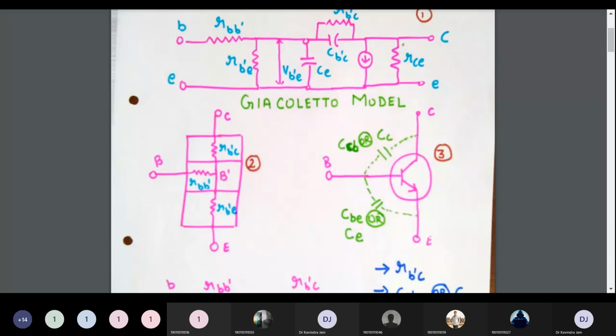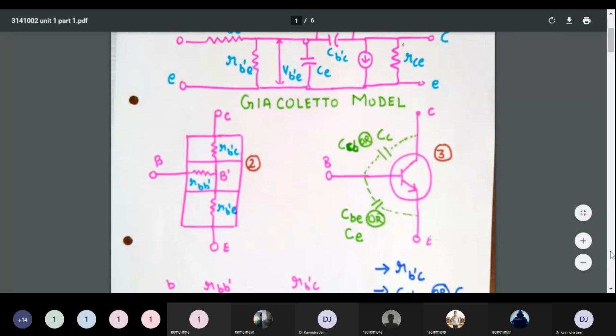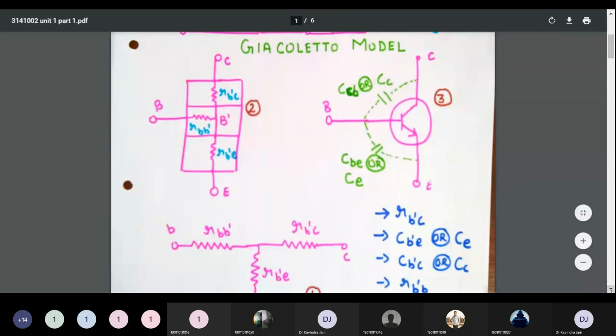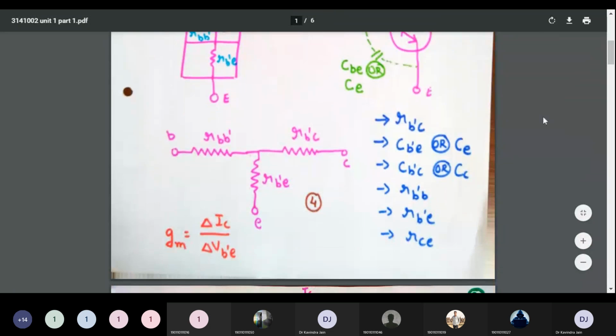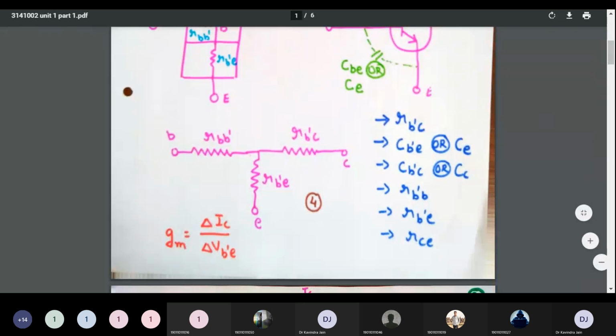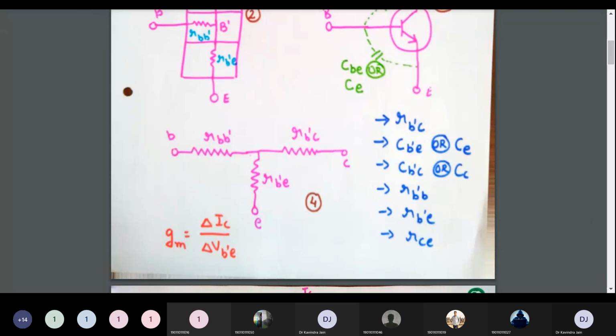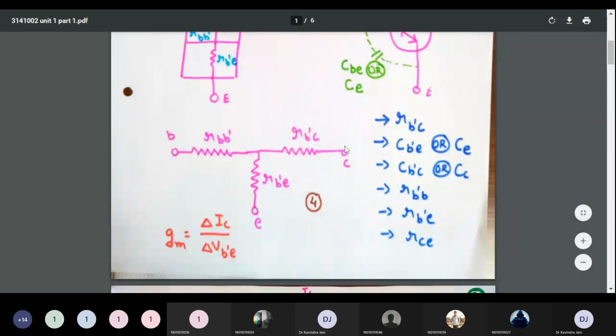Okay. So all of you are requested to kindly draw this particular figure, that is figure number 4. It can also be represented as figure number 2A because it is part of figure number 2 only. So kindly refer to it as figure number 2A. Please draw this T model.